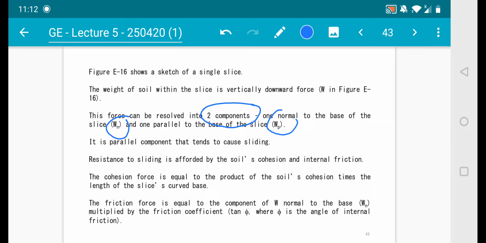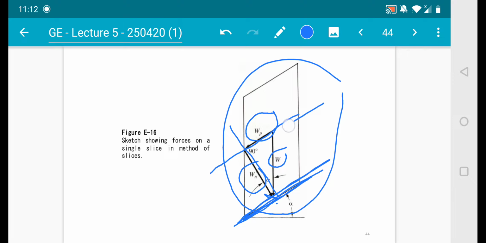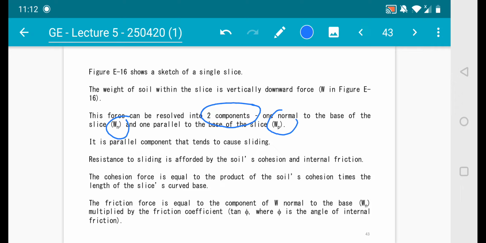Now it is the parallel component that tends to cause sliding. So Wp is the one that causes sliding. Resistance to sliding is afforded by the soil's cohesion and internal friction, C and also phi. Now the cohesion force is equal to the product of the soil's cohesion times the length of the slice curve base.